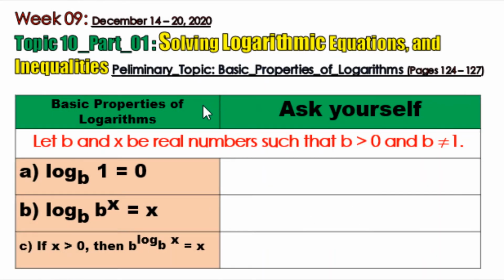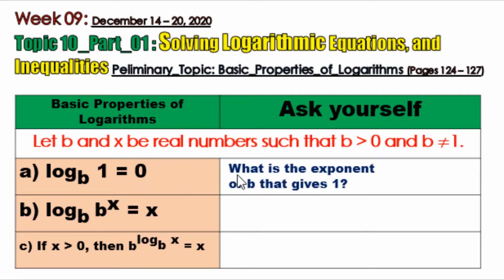So for the basic properties of logarithms, we have 3. Let b and x be real numbers such that b is greater than 0 and b is not equal to 1. Let us discuss the first property. It says the logarithm of 1 to the base b is equal to 0.